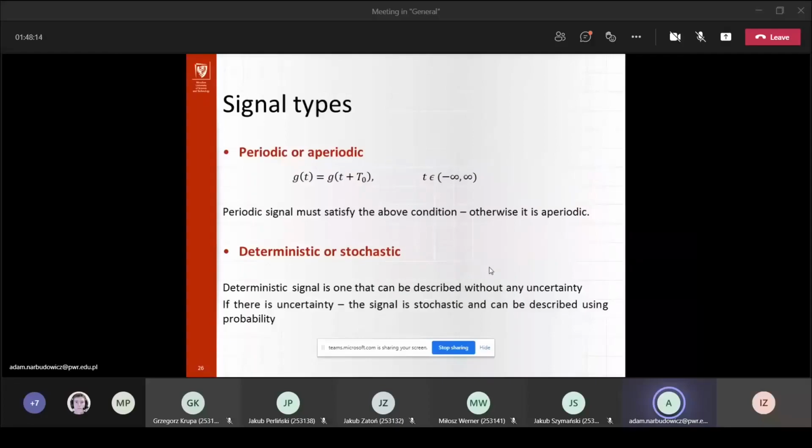Whereas a stochastic signal we can describe only in terms of certain probability. Overall, we cannot really say that a certain value of the signal will be present at a certain time instant. And again, the main example is noise.